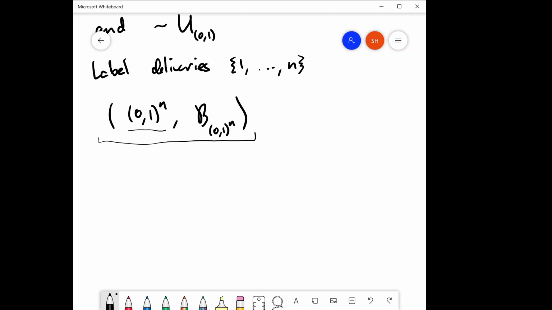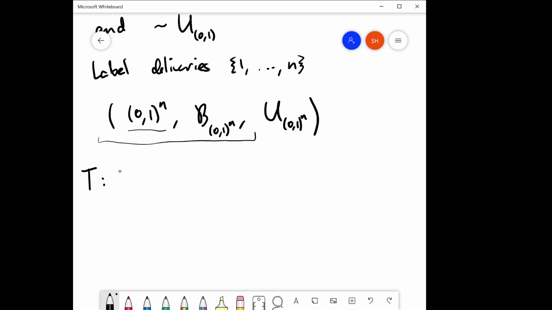Okay, so how do we write this? Oh, and sorry, I left the probability measure out here. So we've assumed that they're uniform. So this is uniform 0, 1 to the n. Okay, so probability space rather than sample space.